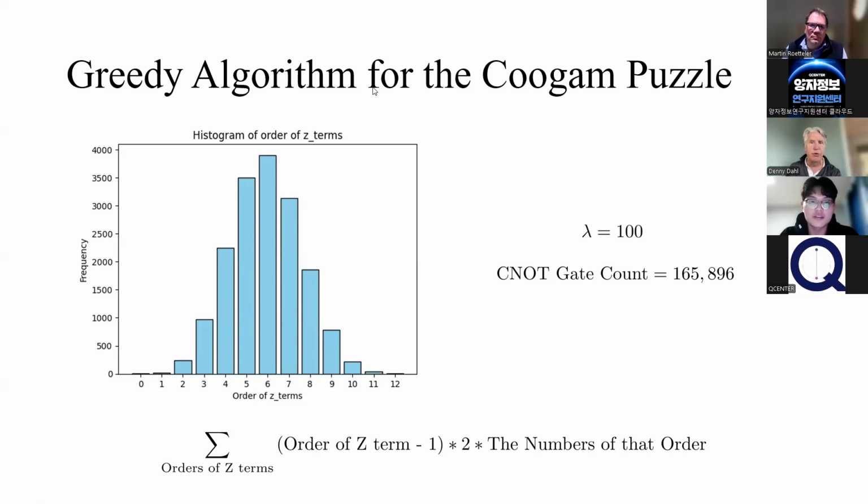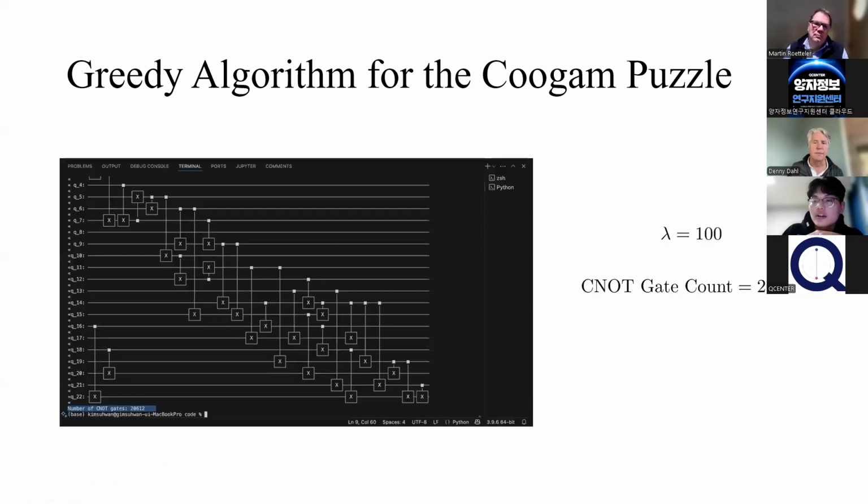Yes, so this histogram is made from the Hamiltonian before the application of greedy algorithms, and this is after. Okay. And the question I had was, for the 4 by 4 problem, how many qubits did you end up needing? I think it was 23. Okay, thank you.